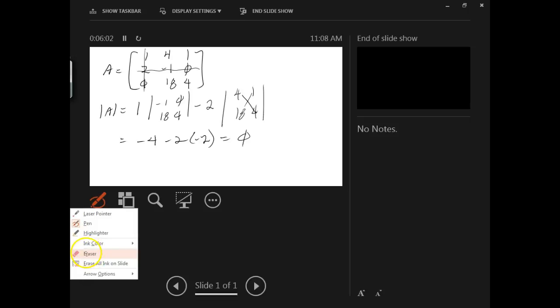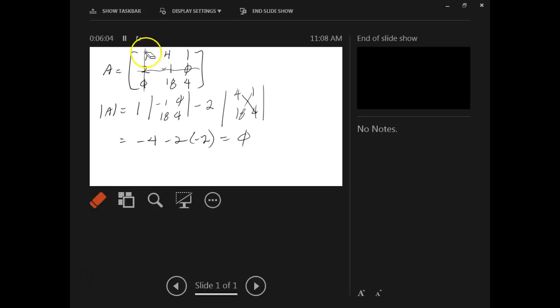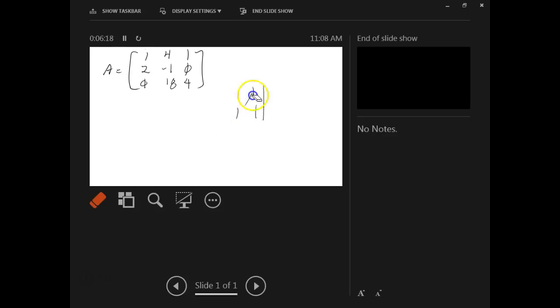I'm going to erase this. Now, in this section we're doing elementary row operations. I forgot they probably wanted us to do it that way.